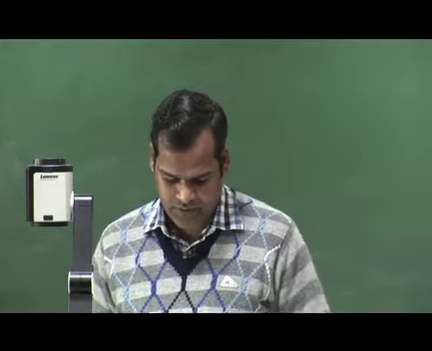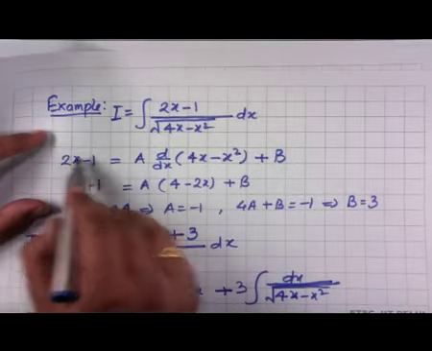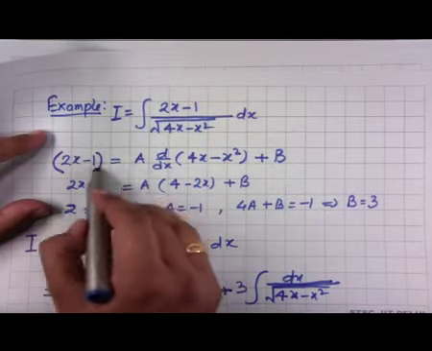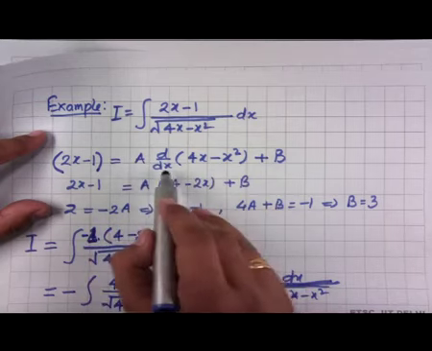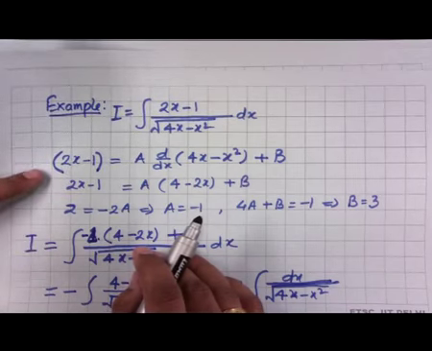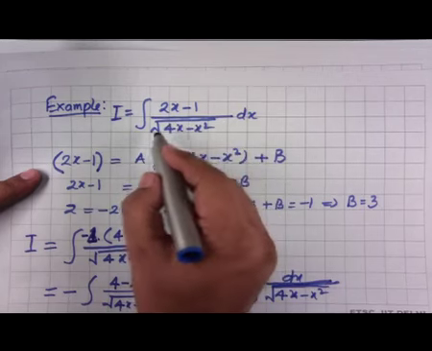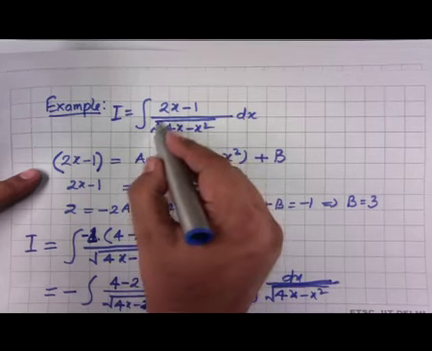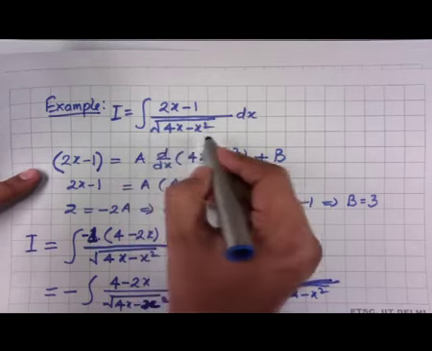The idea that we proceeded with here for this particular problem, writing the numerator as a combination of a derivative of the denominator, can even be further used for cases where the denominator, which is a quadratic term, has a degree other than half.